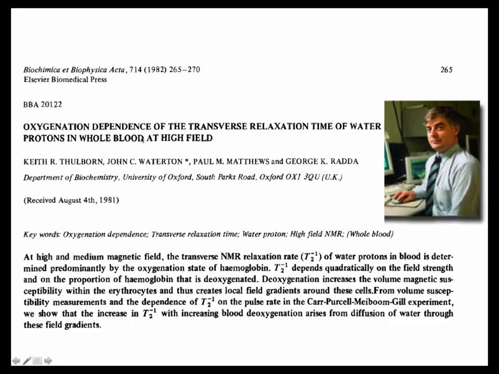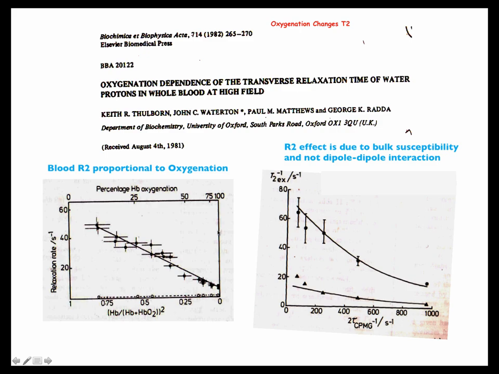And this is Keith Thulborn, who was a spectroscopist who worked with George Radda in the UK. And this was his experiment. Essentially, he changed the oxygenation of the blood and just looked at its relaxation. And it had this beautiful correspondence to oxygenation. And I'll get into more of the details about this in a second.